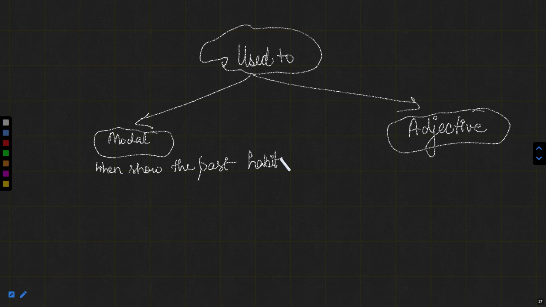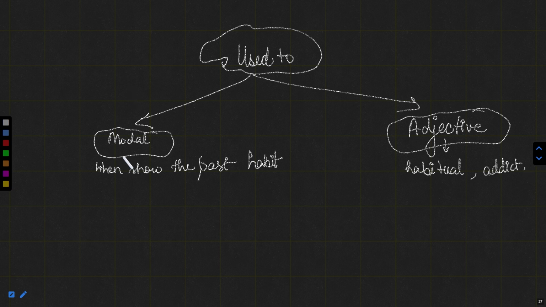But if we use it as an adjective, we use it to show that we are habitual or addicted to something. For example, nowadays many people are used to their mobiles. It means we are habitual, we are addicted to our mobiles. So this has become our necessity, or you can say a thing which is a priority to all of us basically.